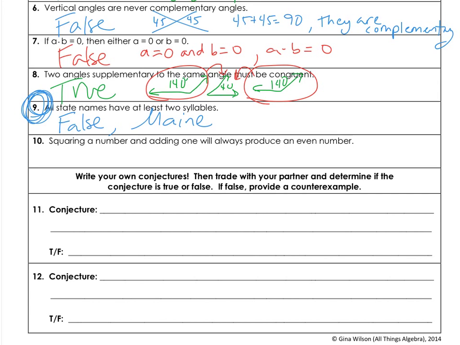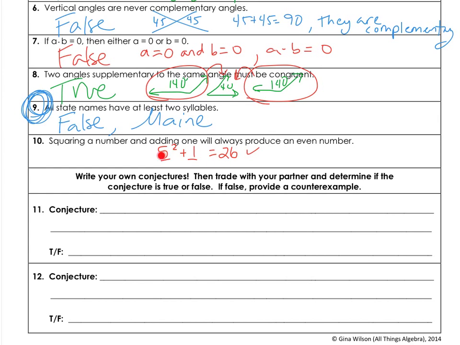All right, for number 10, the very last one, squaring a number and adding 1 will always produce an even number. So let's think of an example. If we square, let's say 5, so 5 squared, and we add 1 to that, so that's 25 plus 1 gives us 26. Okay, that one did work. But one thing you want to think of is that when I square 5, I get an odd number, and then I'm adding 1, so I get an even.